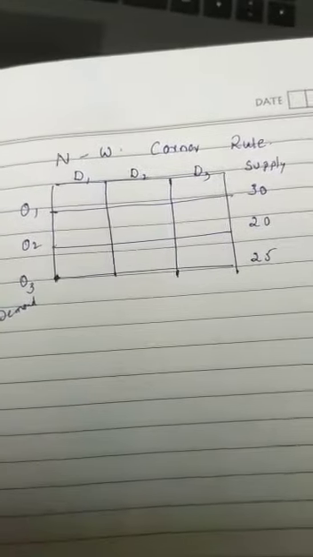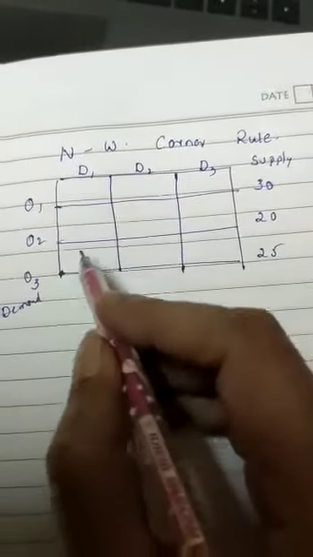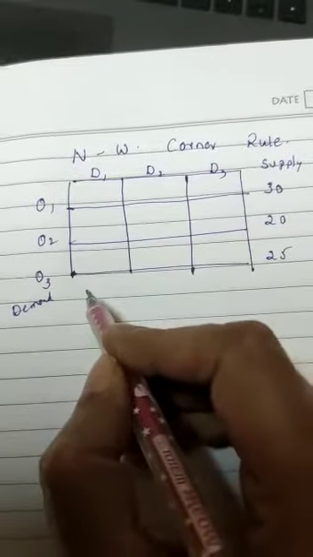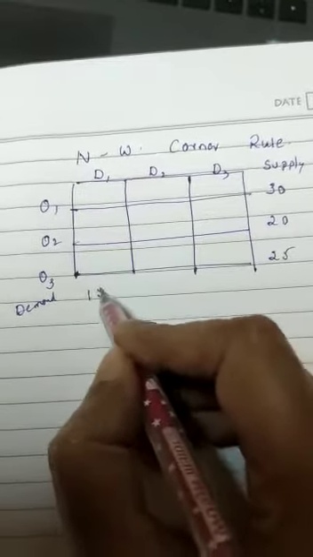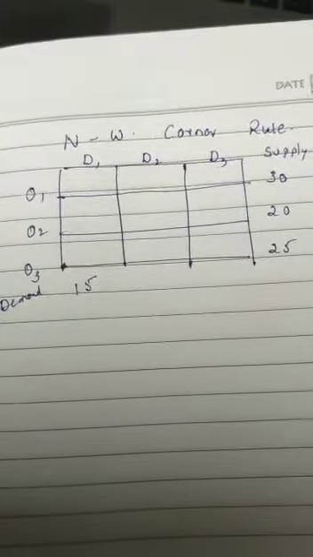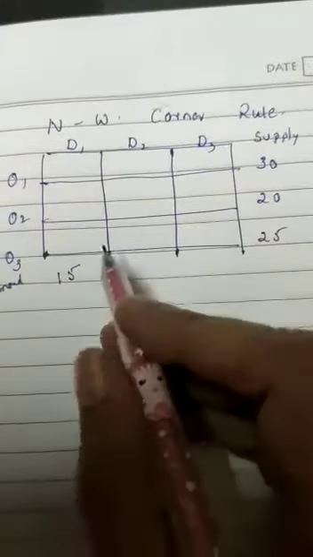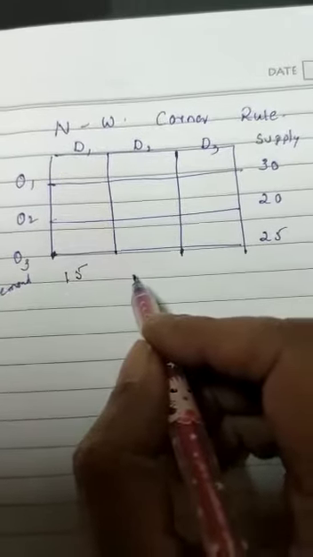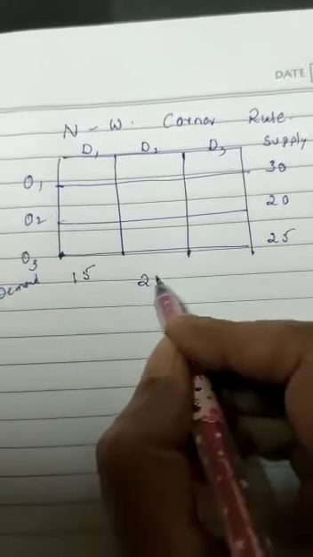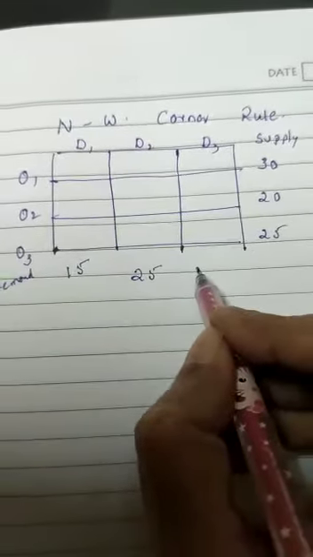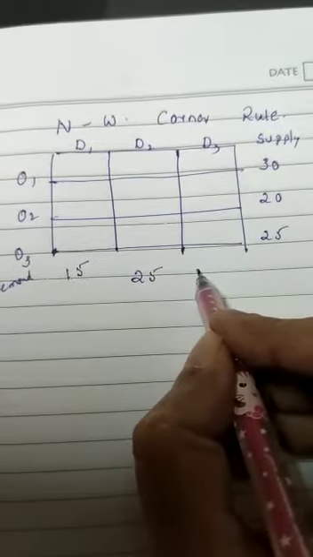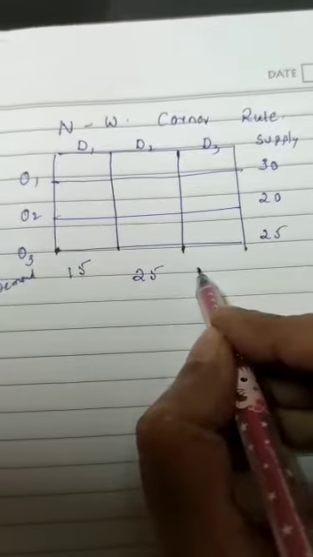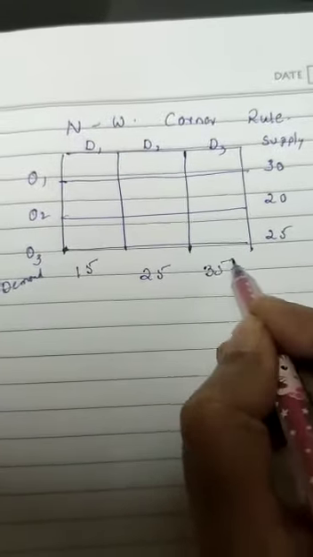And the demand of the first one is 15, the second one is 25, and the third one is 35.